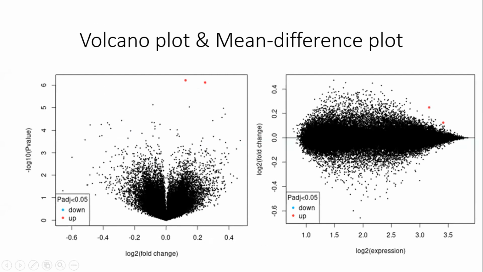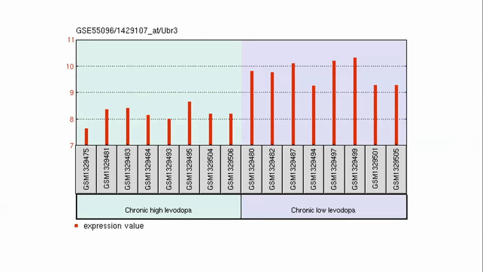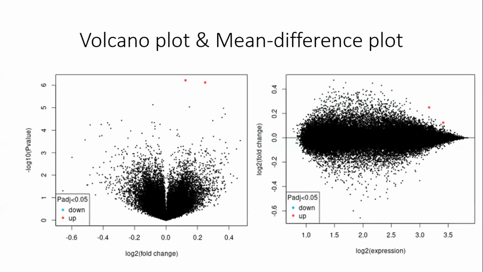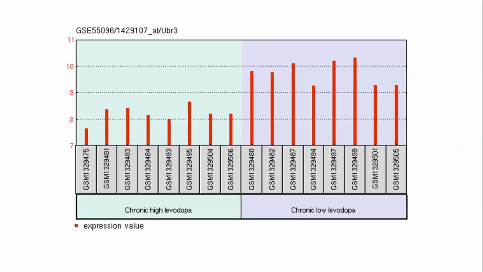And with the volcano plot, we could not get many upregulated or downregulated genes in this indirect pathway. This could indicate that the molecular changes on this indirect pathway are not as much as in the direct pathway.